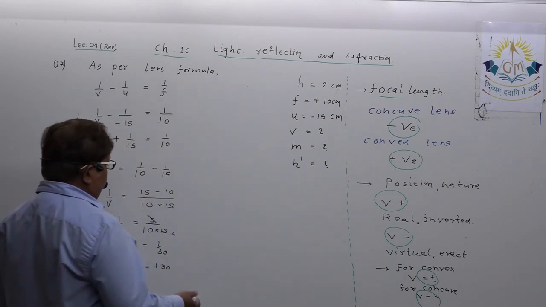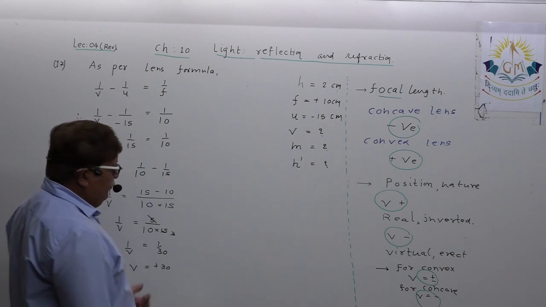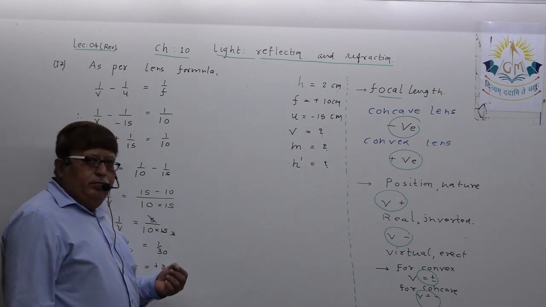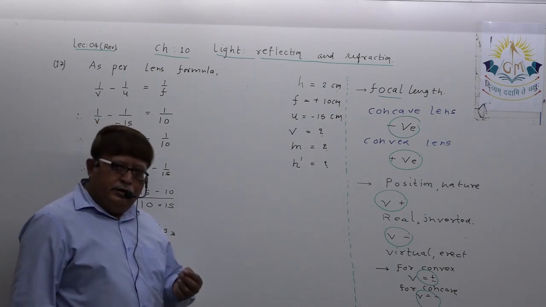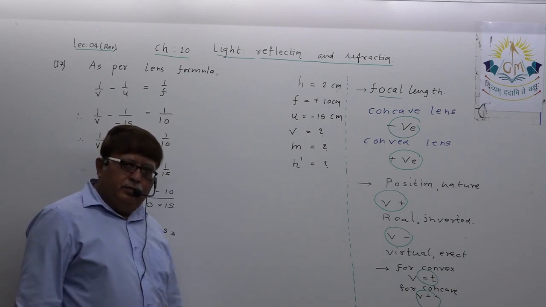So once V is found out, you already have the position and nature of the image.